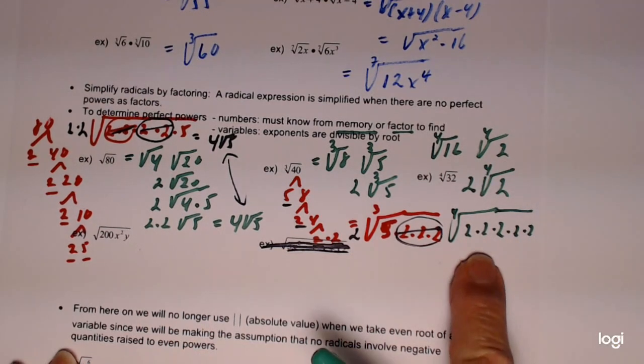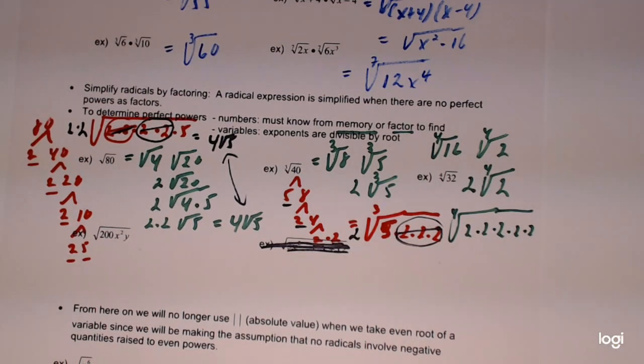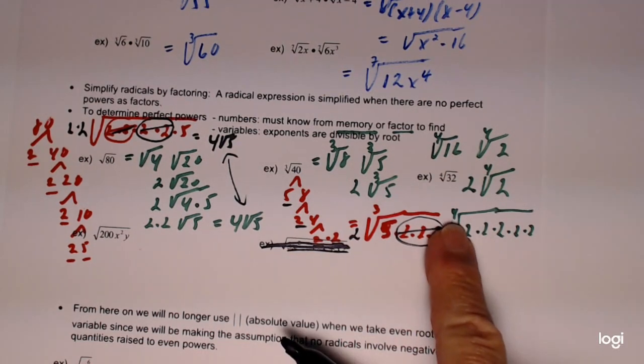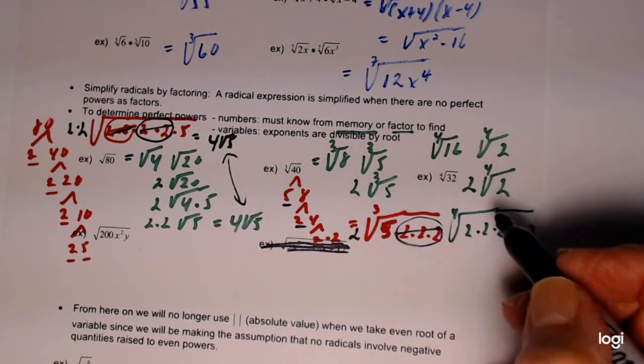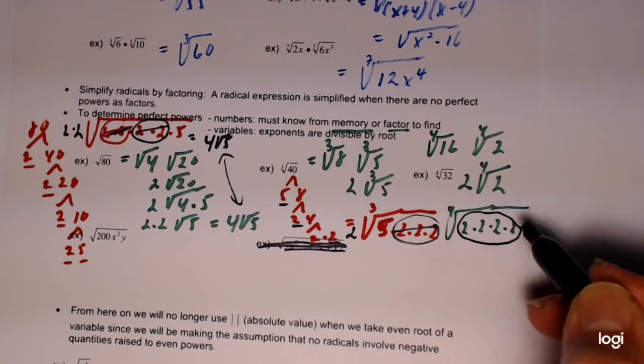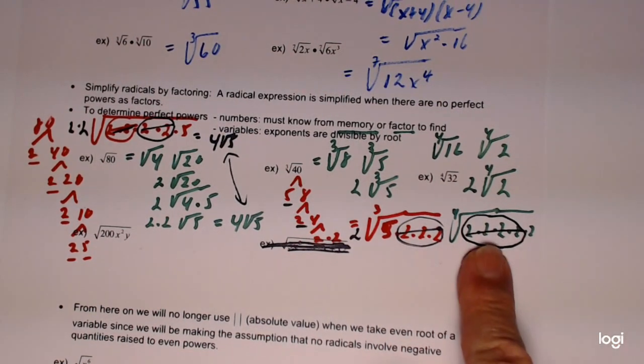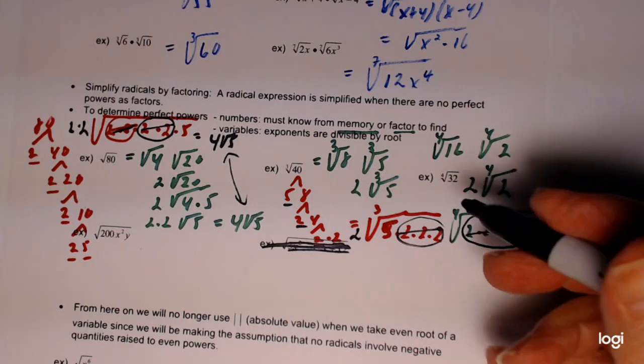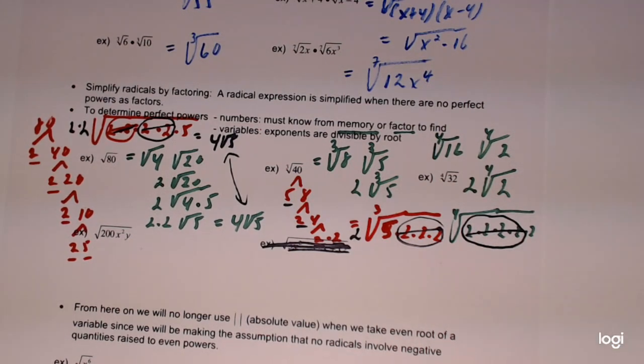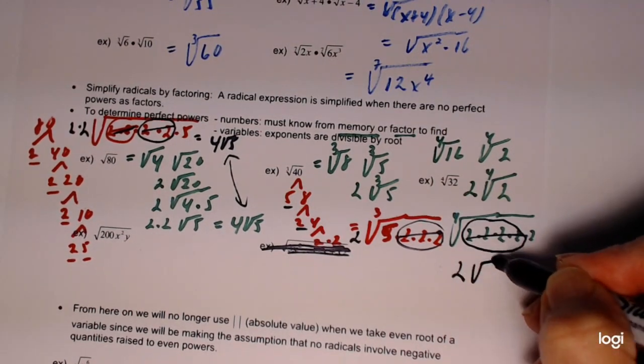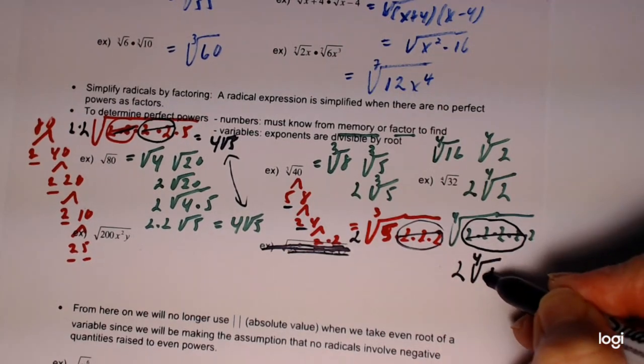So that would have been your prime factors. Because this is the 4th root, we need 4 of the same to pull 1 out. So we cross those out, and now we have a 2 sitting in front. So our answer here would be 2, 4th root 2.